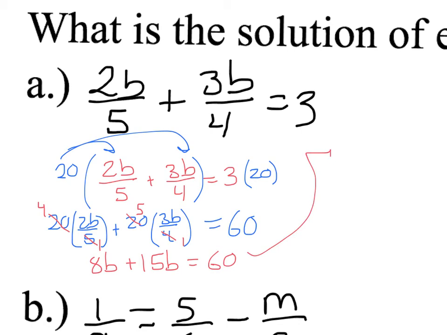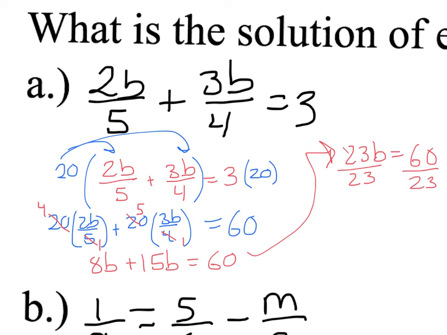And then if I look over and do the rest over here, 8b plus 15b is going to be 23b equals 60. And to finish solving this, we would just divide both sides by 23. Now, that's an improper fraction.